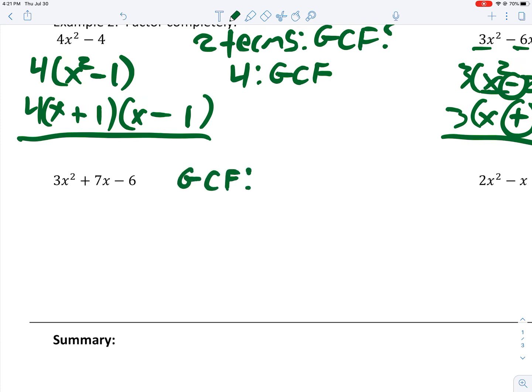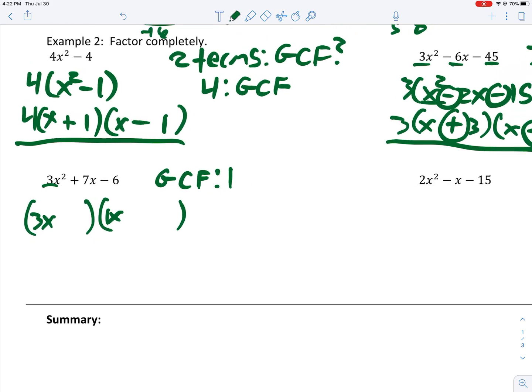Okay, trinomial: always check the GCF. In this case, it's 1. So if it's going to factor, it's going to be two binomials. The good thing is 3 is prime. Prime numbers are great when it comes to factoring because their only product is 1 and itself.